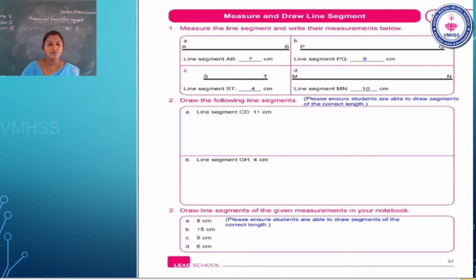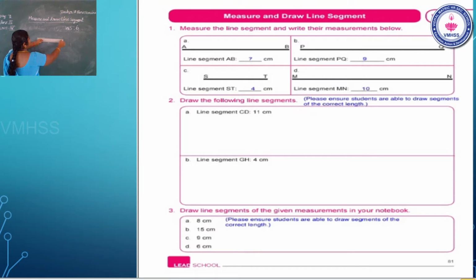Okay students, next rule, count till you reach point B, read the marking on the ruler at point B. Next one, write the measurement in centimeter. First we count. Start at 0 centimeter.